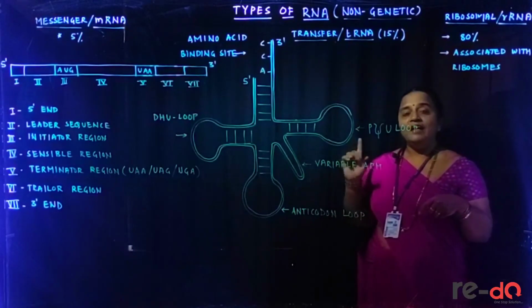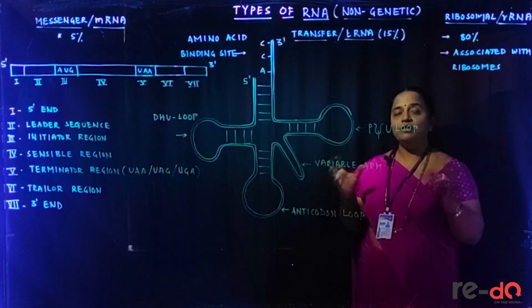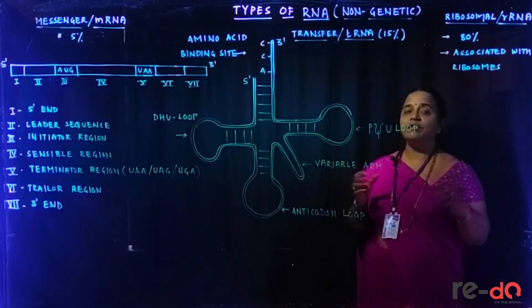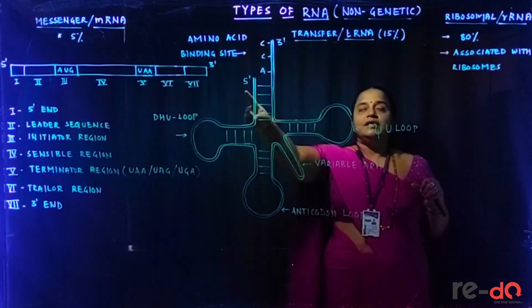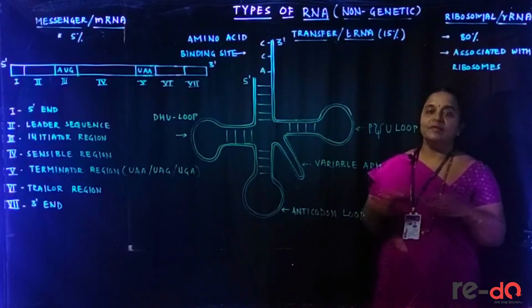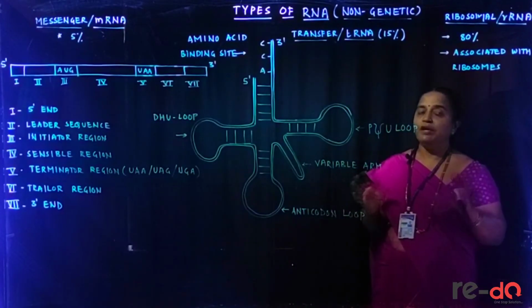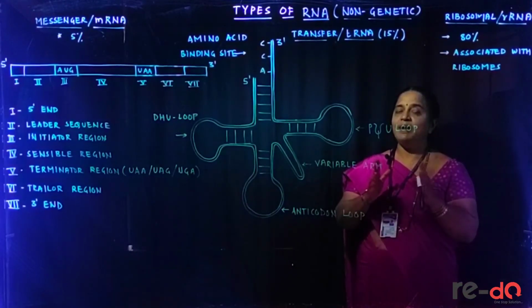As I said, it is a highly folded molecule showing different loops. The loops are formed due to accumulation of unwanted non-coding nucleotides. So as usual, the tRNA is a 5' to 3' polynucleotide. Because of foldings, some regions are brought together in anti-parallel direction.